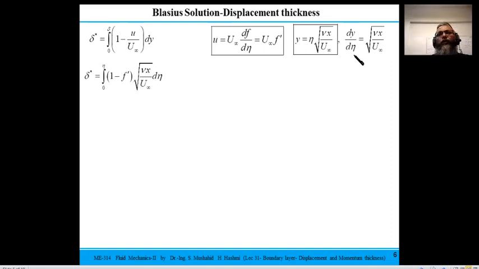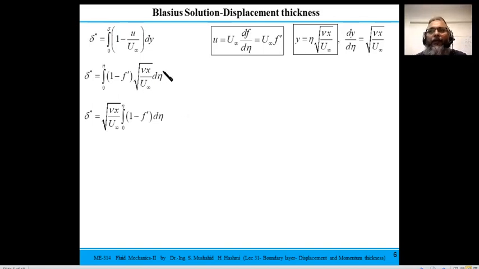So now you substitute all this: you have 1 here, and u over u infinity is the first derivative, and dy would be equal to this multiplier times d eta. So you have the expression for calculating this boundary layer thickness, displacement thickness, using this Blasius solution.